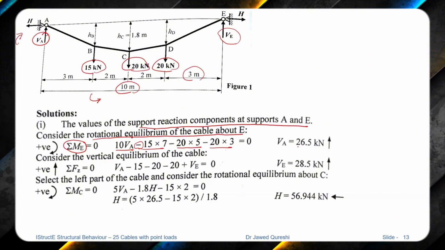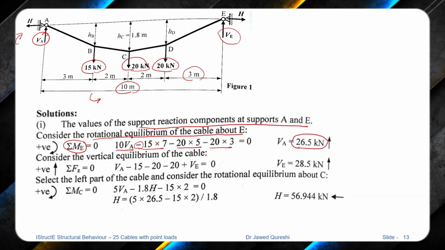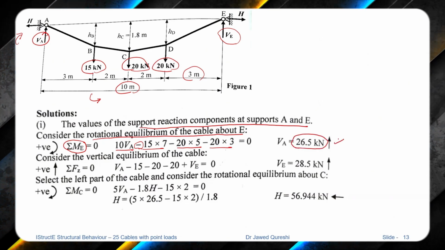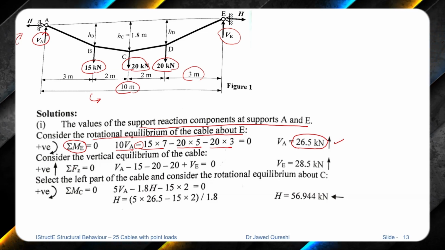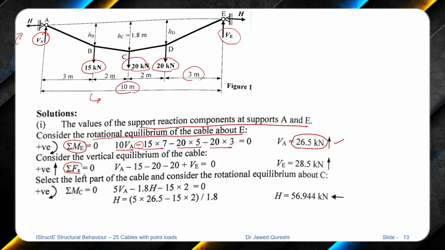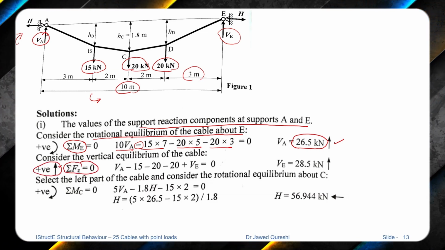If we simplify it, we get the value of vertical reaction at A as 26.5 kilonewton, and it is positive. Positive is upwards. Then we consider vertical equilibrium. So the summation of vertical forces Fz is equal to 0, and positive forces are upwards.